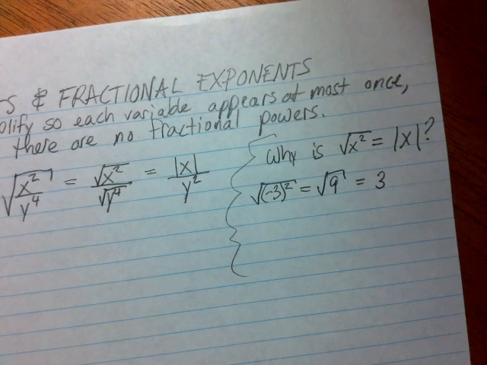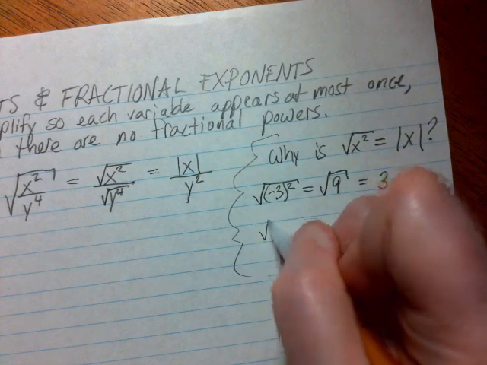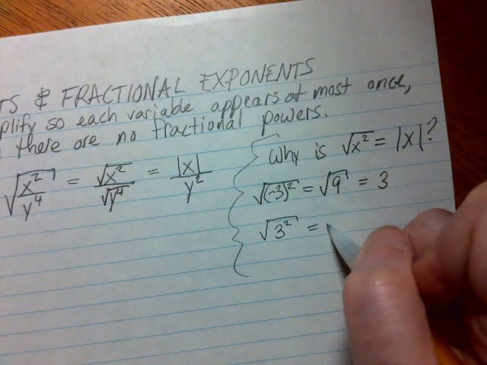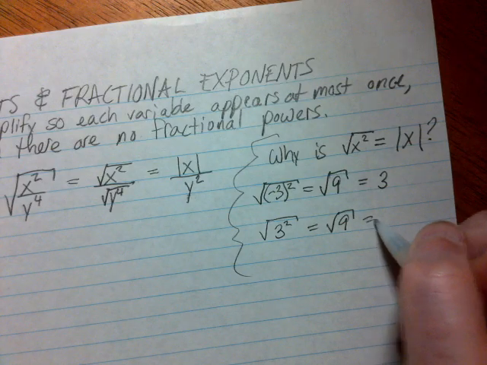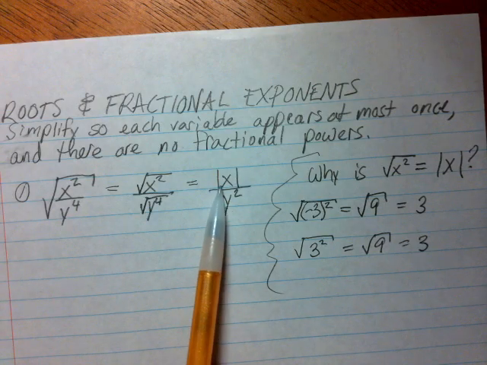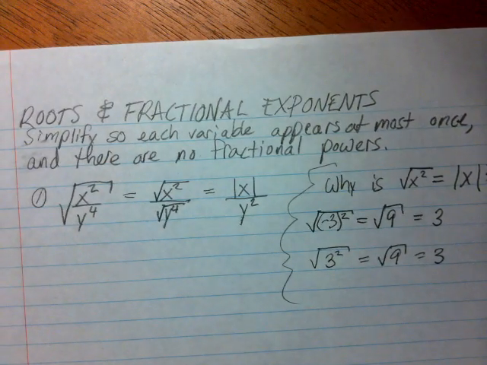So you don't get back what you plugged in at the beginning. You get back the positive version of whatever you plugged in. Same thing if you plug in a positive number, it comes out positive. So whatever you plug into the square root of x squared, you get back the positive version of that x. So that's why this is the absolute value of x.